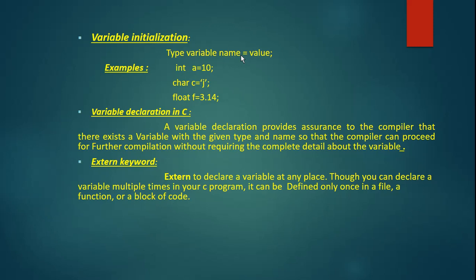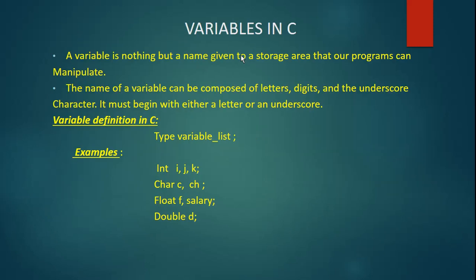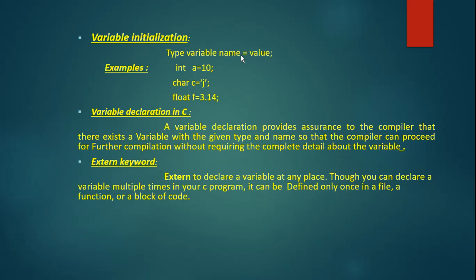Next, variable declaration. What is meant by variable declaration? So far we have discussed what a variable is, the definition of a variable, and variable initialization. Now I am discussing declaration. As soon as you declare the variable, it assures the compiler that the variable declaration has been done.